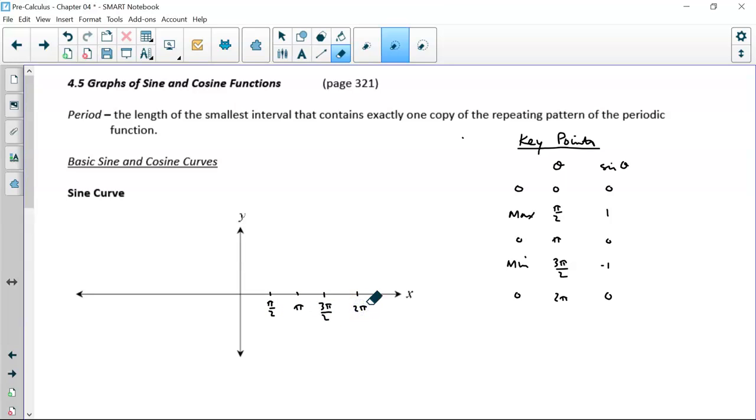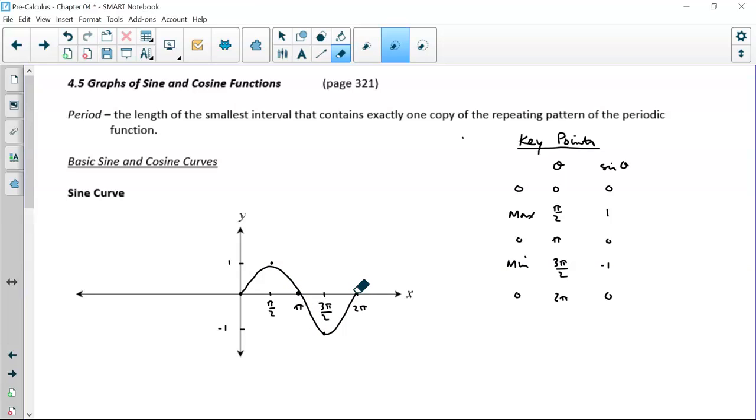This is the beginning of our next circle. So that's our x-axis, and on our y-axis we have our 1 and our negative 1. We're going from 0, 0, pi over 2 we're at 1, pi we're at 0, 3 pi over 2 we're at negative 1, and 2 pi we're back to 0. So one period of the sine graph looks like this.